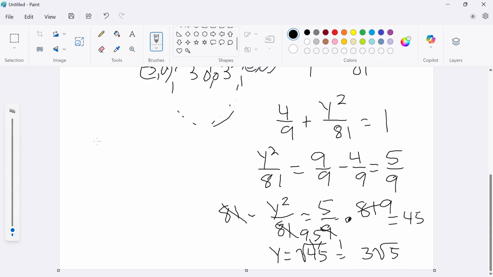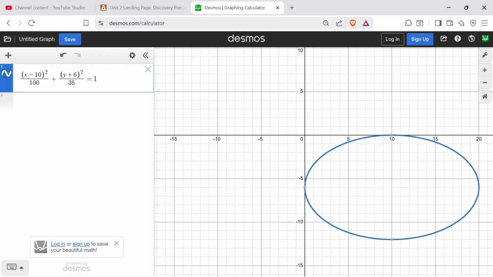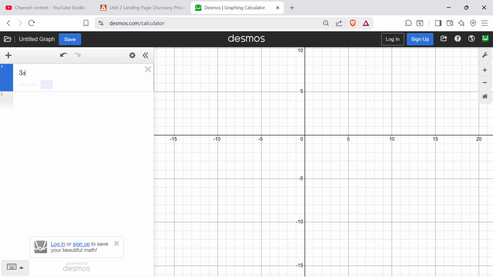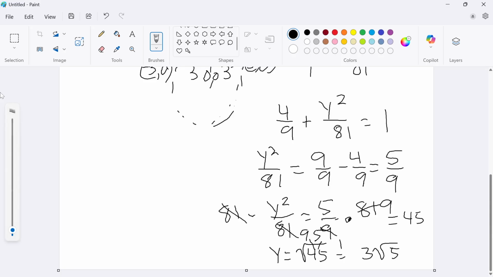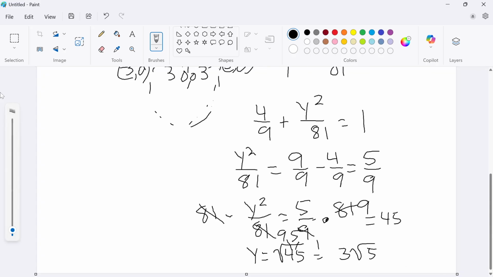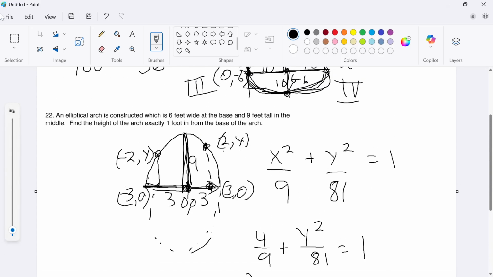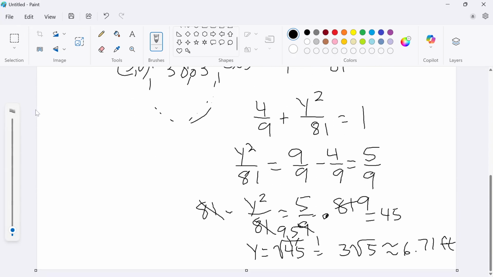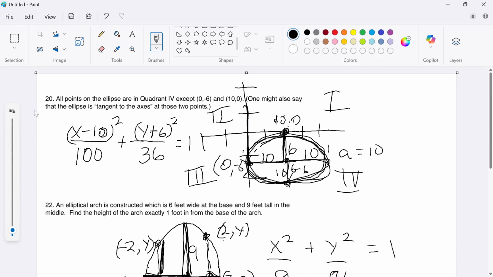So that's the height exactly, 3 square root of 5, and I can throw that into Desmos or into your calculator, is approximately 6.71 feet tall. So here it's 6.71 feet, and here it's 6.71 feet, one foot away from either edge. So those are a couple of word problems with ellipses.